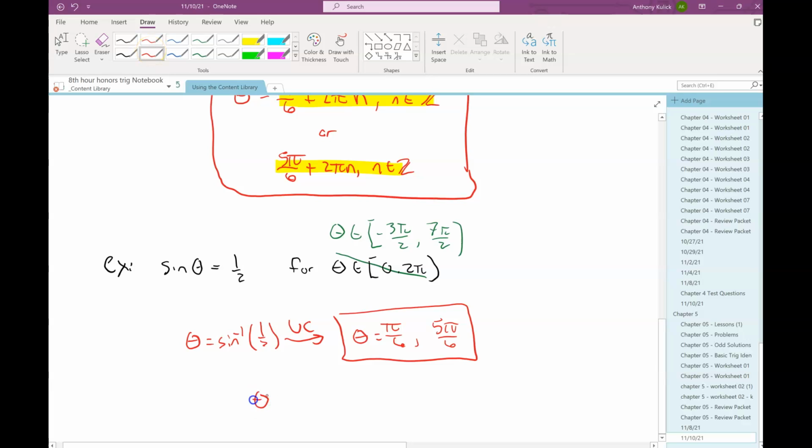So if I take pi over 6 and add 2 pi to that, I get 13 pi over 6. That's still less than 7 pi over 2, because that's 3.5, right? And that's like 2 1/6. Everybody's good? If I add another 2 pi to that, it's going to be too big, right?